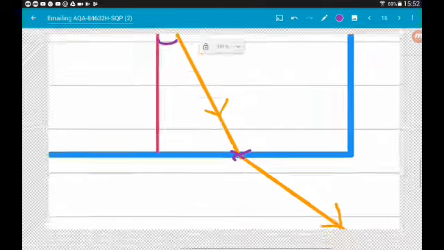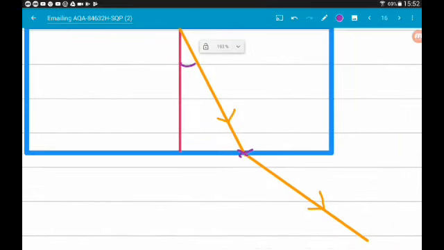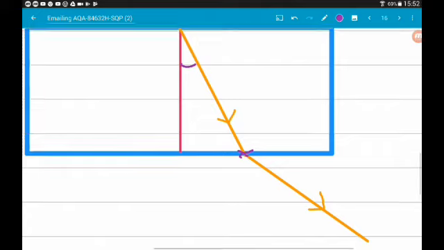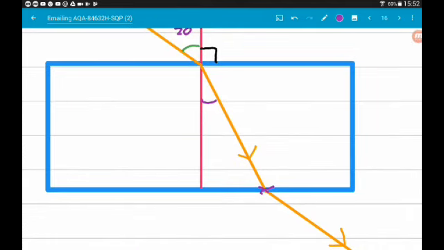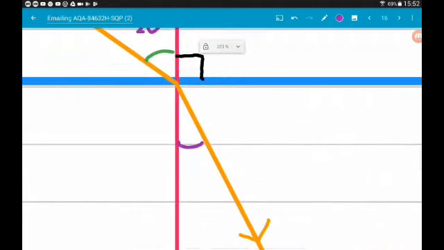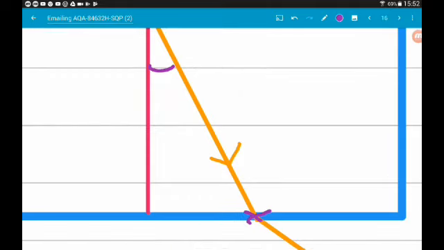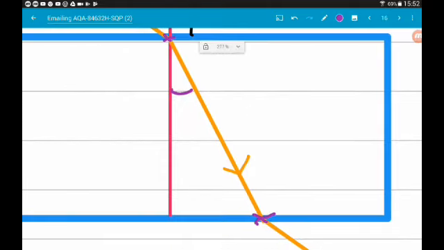So if we mark that point on, we can then take the ray box away, take the block of glass off, and that is then going to allow us to draw the refracted beam of light inside the glass by joining up the point at the normal and the point that we just marked on the bottom.